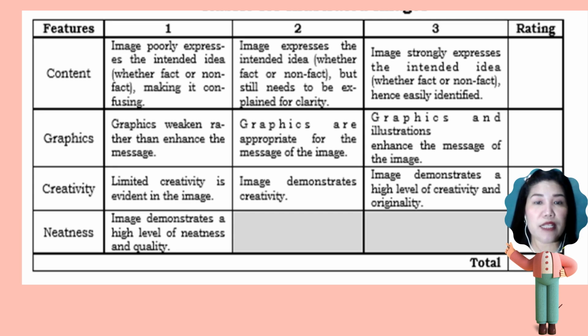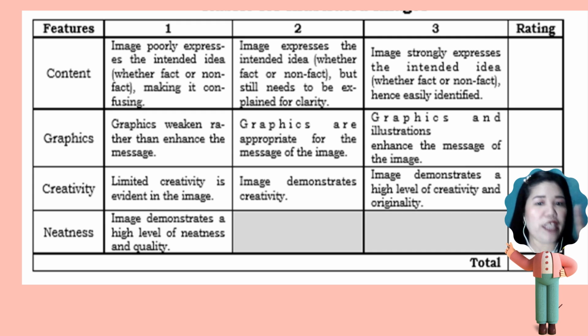So you will see in the first column of the chart, it is about features. According to the content, you will get 1 point if your image poorly expresses the intended idea, whether fact or non-fact, making it confusing.